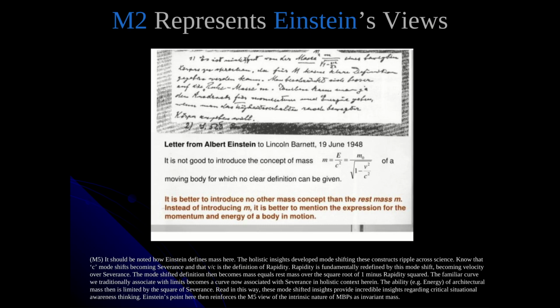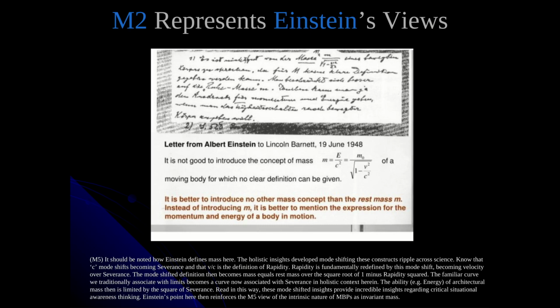And so when we realize that C now in M5 represents severance, we read this point that Einstein made in 1948 to Lincoln Barnett very, very differently. And we also realize that from the early 1900s rapidity was the governing thing for velocity, and that definition of m0 over the square root of 1 minus v squared over c squared there in this image really is rapidity squared.